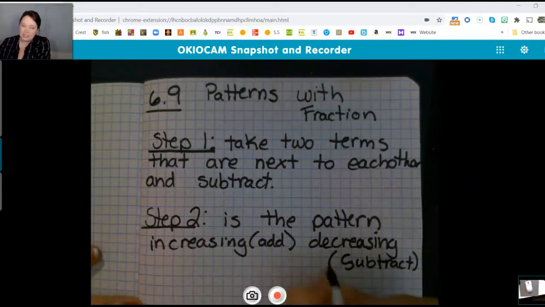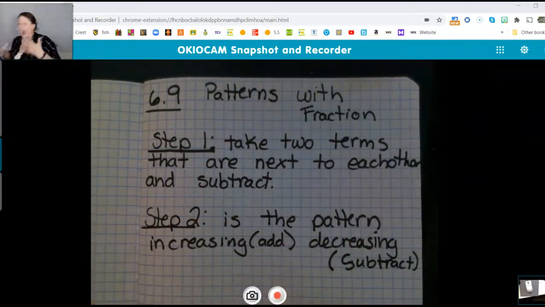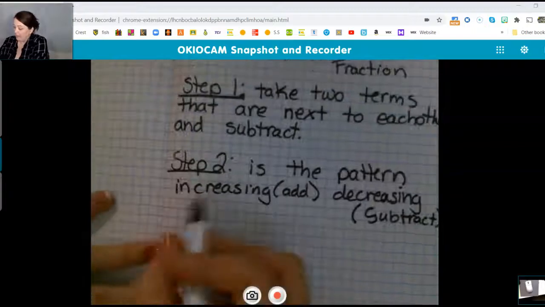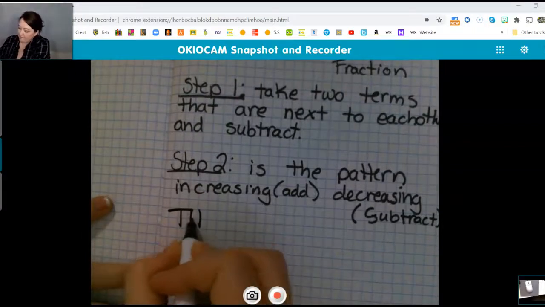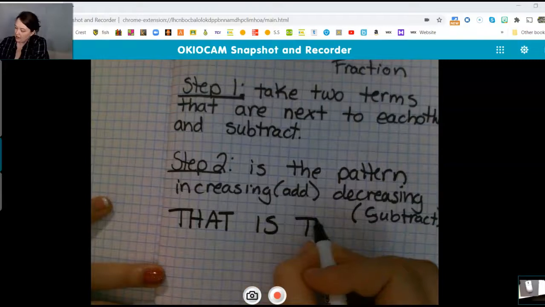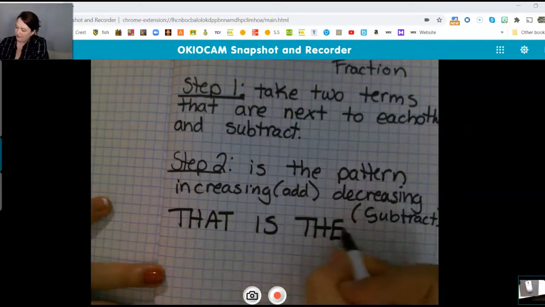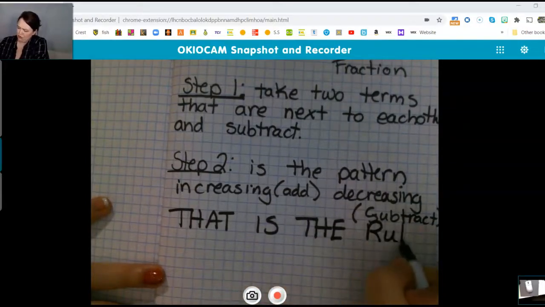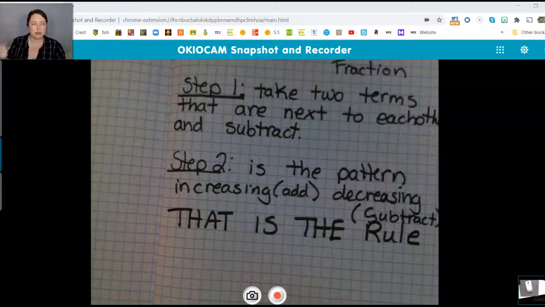If it's decreasing, then it's a subtracting pattern. And then that's it. That is the rule. I really like these, but those are super squeaky.